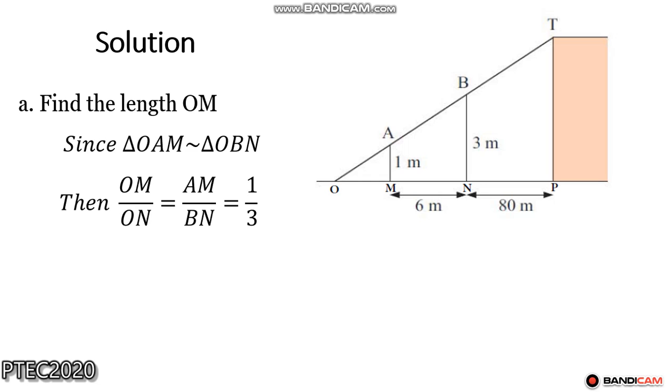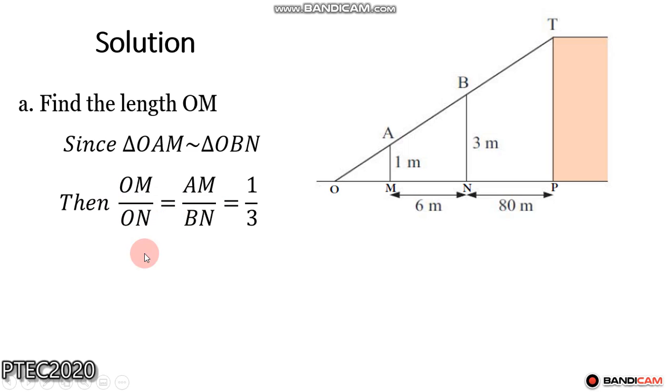So where is the corresponding side? As we want to find the length of OM, we need to find the corresponding side of OM. The corresponding side of OM is ON, and the corresponding side of AM is BN, and the corresponding side of OA is OB.